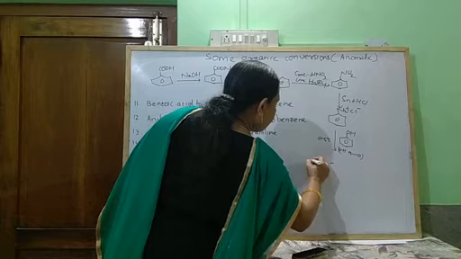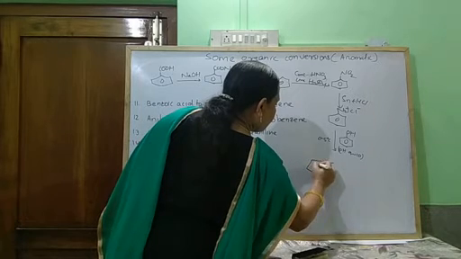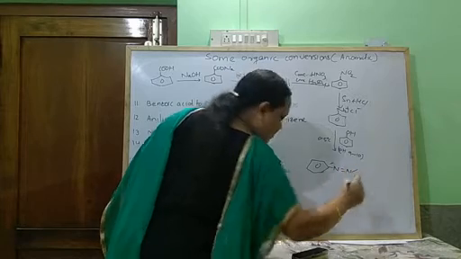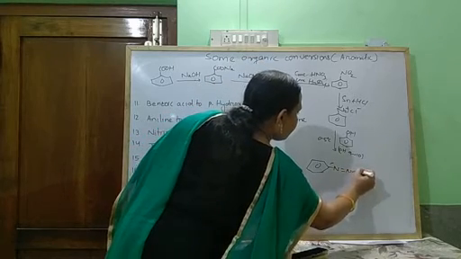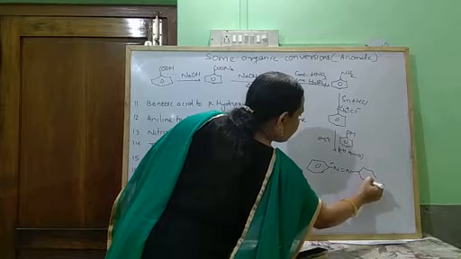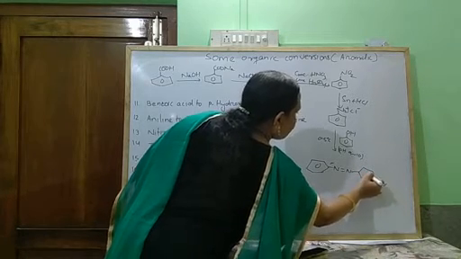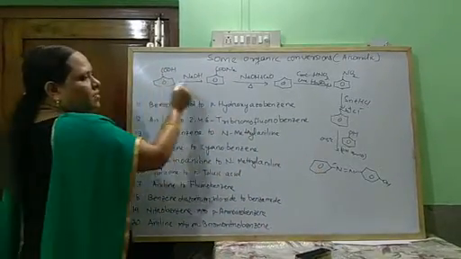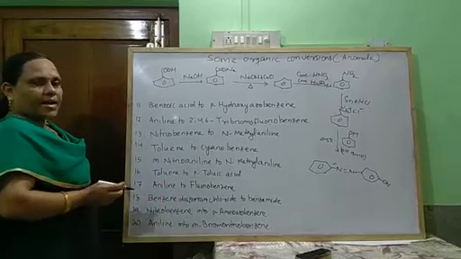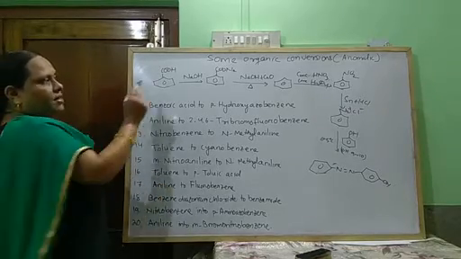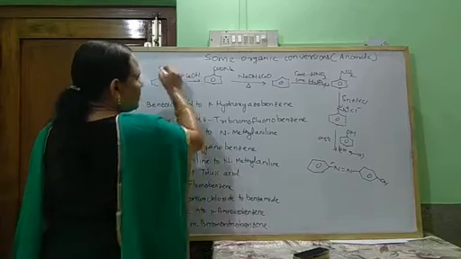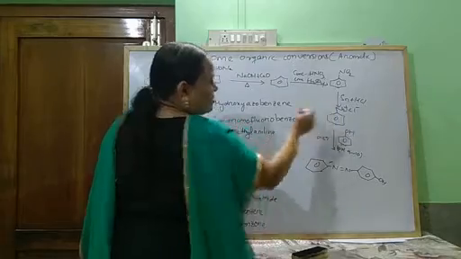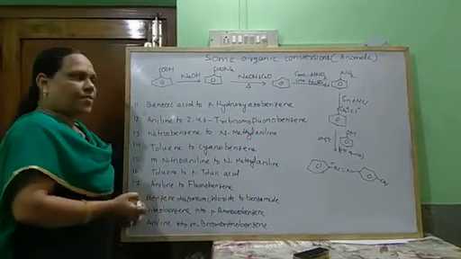It forms para-hydroxyazobenzene. This is benzoic acid to para-hydroxyazobenzene. First you have to remove this carboxyl group, then nitration, then intermediate benzene diazonium chloride, then with phenol.